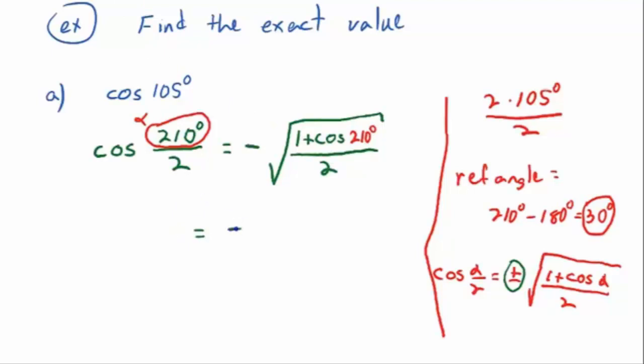Okay, so in here we're going to replace, underneath the square root rather, we're going to replace this guy with negative root 3 over 2. So we end up with 1 minus root 3 over 2 all over 2, and all of this is underneath this radical.